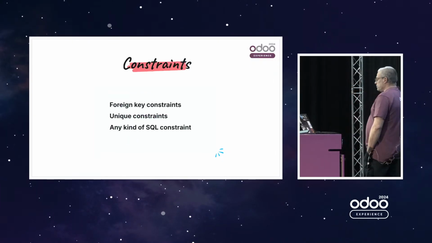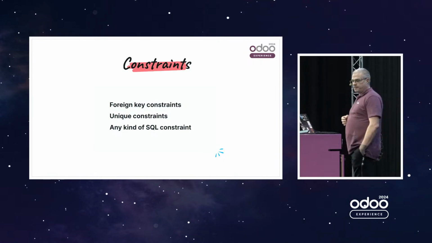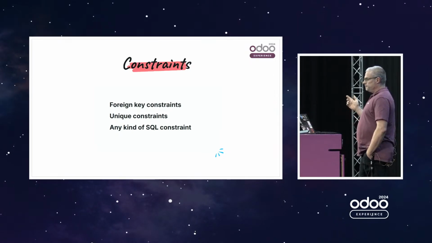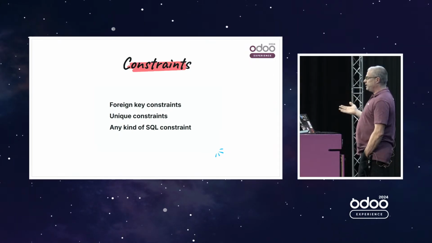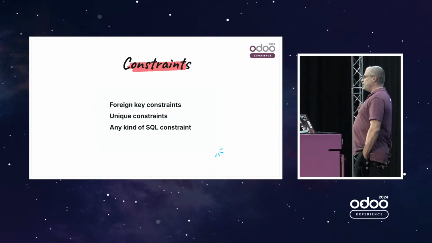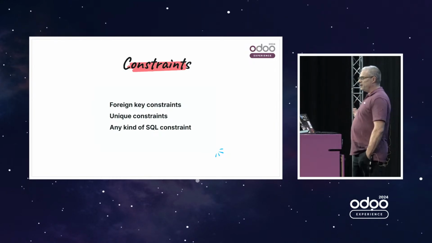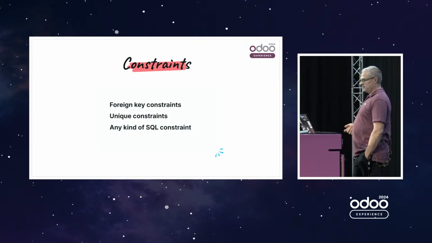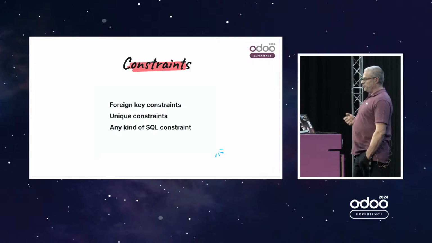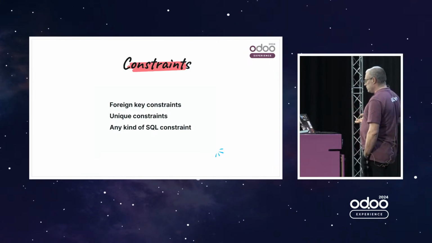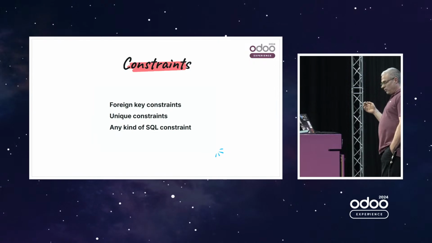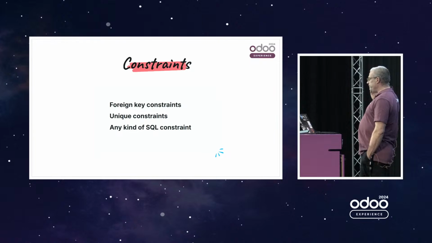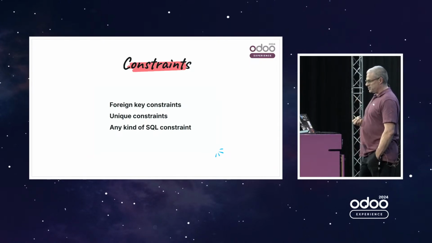In Odoo, we use constraints within the database. We use foreign key constraints in the database because they are way faster than controlling this in Python. It's safer and faster. We also use unique constraints. So you would like to ensure that you only have one invoice for a given number. This could be achieved by an SQL constraint.